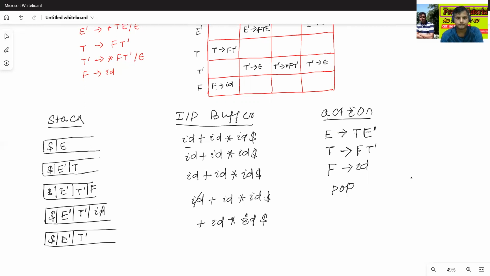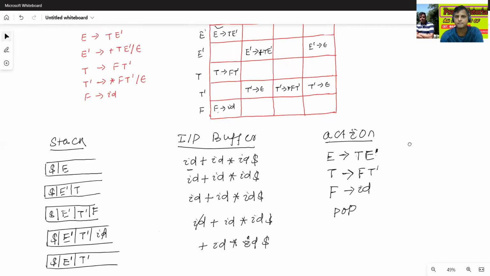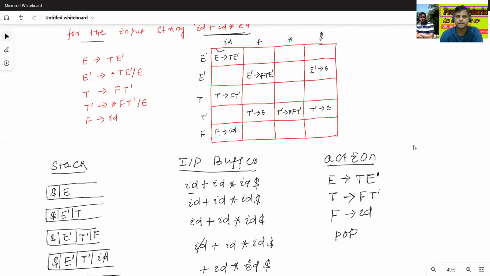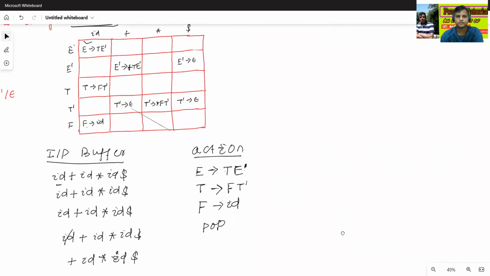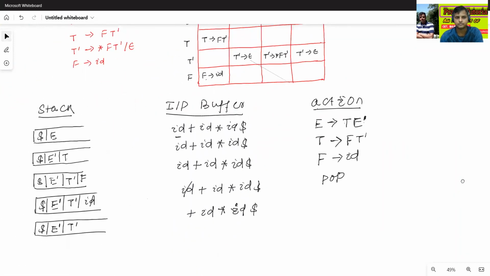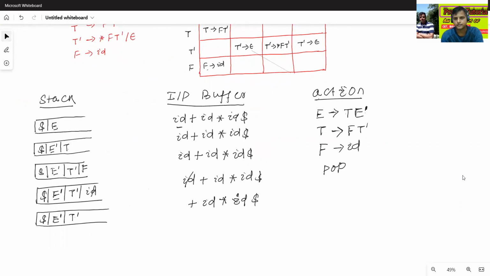So T prime on plus: T prime to epsilon. So we'll apply T prime to epsilon here.